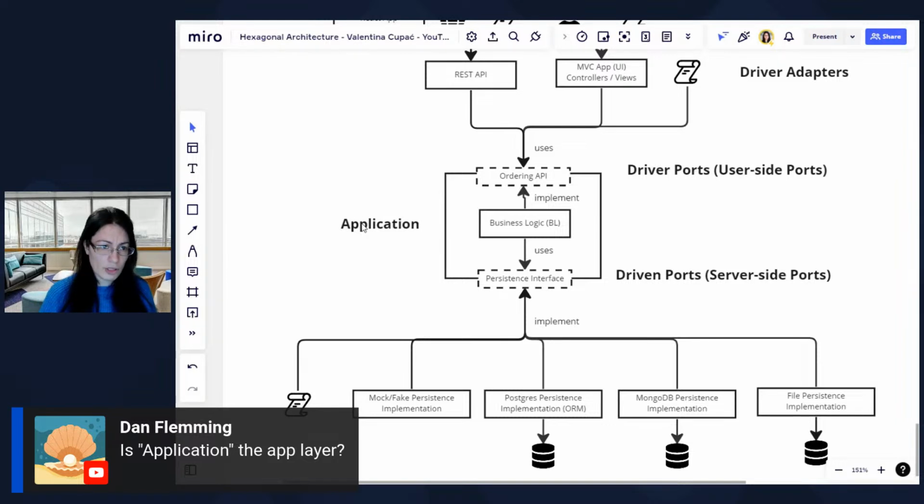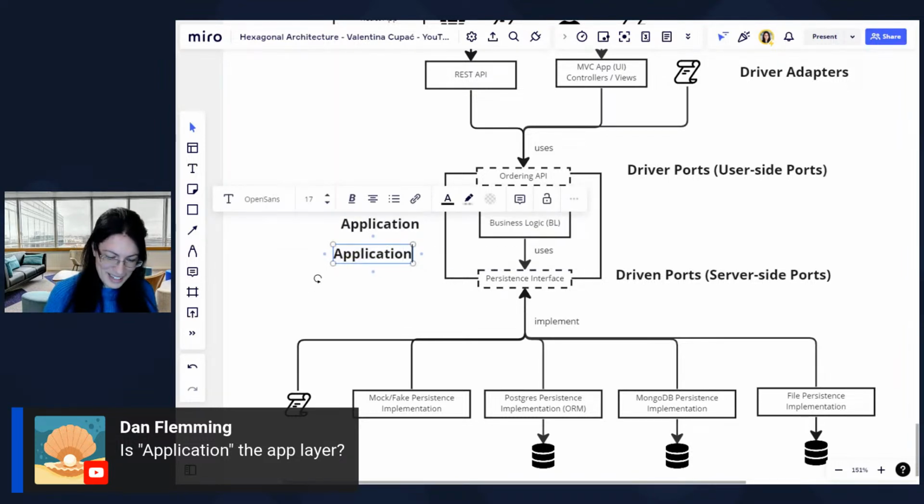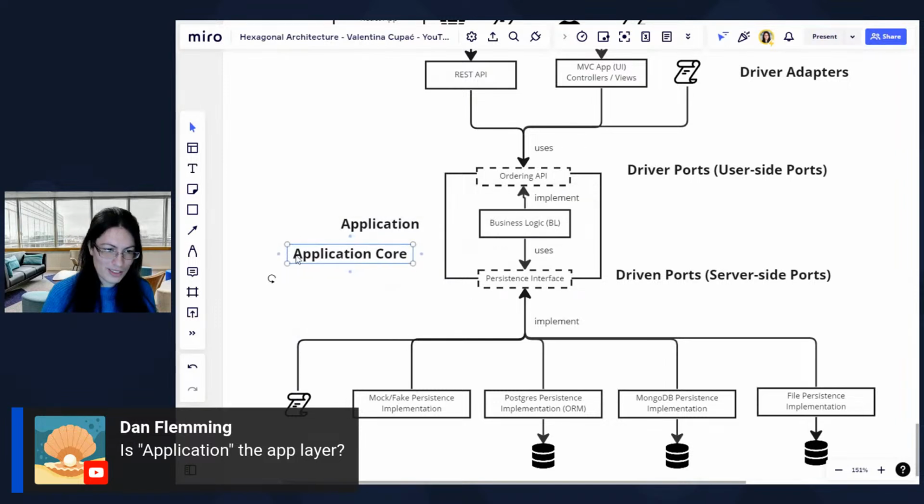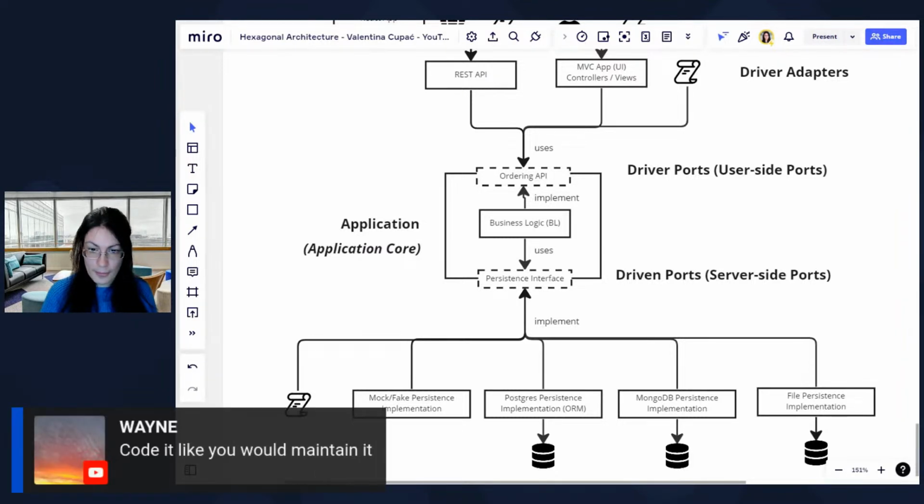Some people may call this application, again, due to all of this confusion about the word. I like to call it, well, this is not the official word, application core, and I think I've seen that somewhere as well, just so that people are aware of the multiple meanings of the word application.